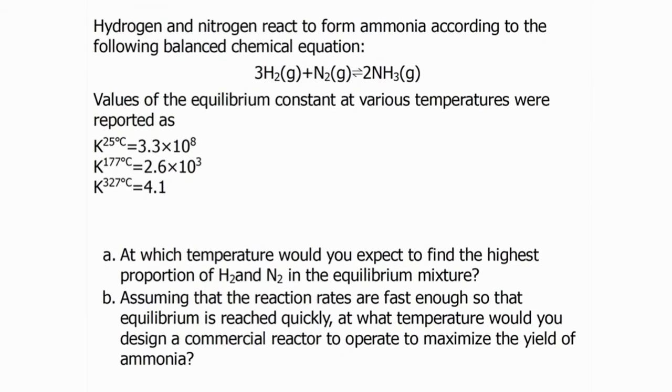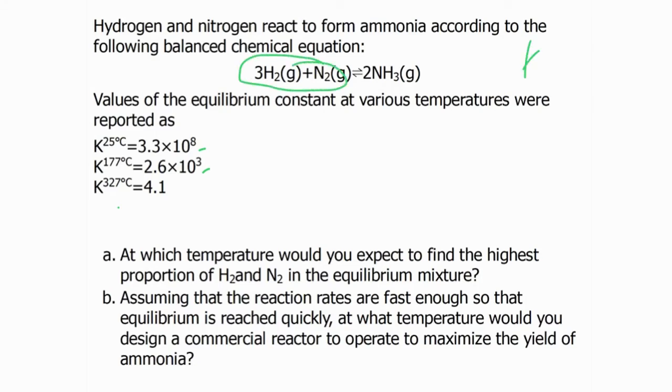So looking at the Haber process further, here we have some equilibrium constants at different temperatures. At 25 degrees, it's 3.3 times 10 to the 8. At 177 degrees Celsius, it's 2.6 times 10 to the 3. And at 327 degrees Celsius, it's 4.1. So the question is, at what temperature would you expect to find the highest proportion of hydrogen and nitrogen? So these are my reactants.